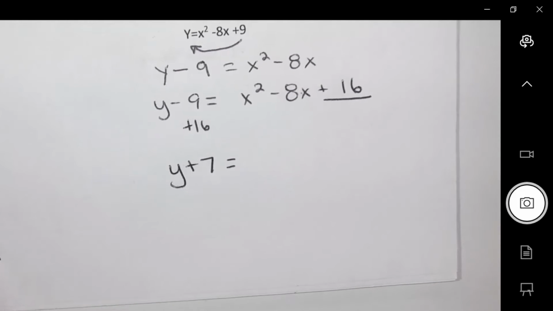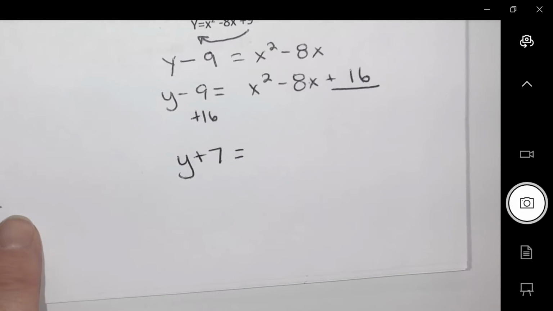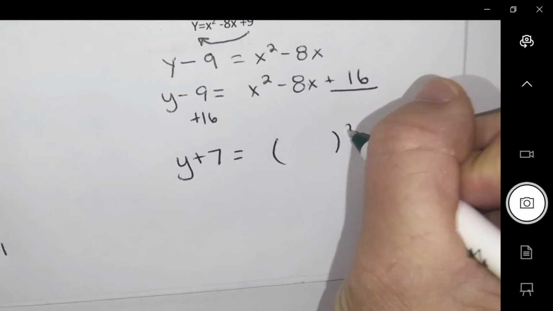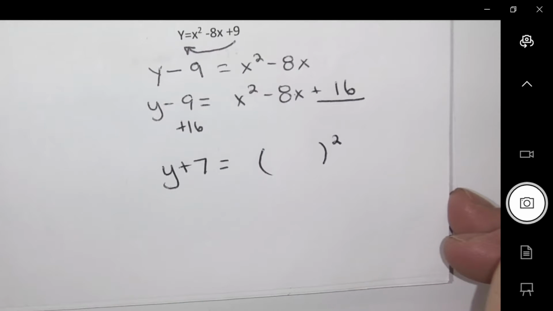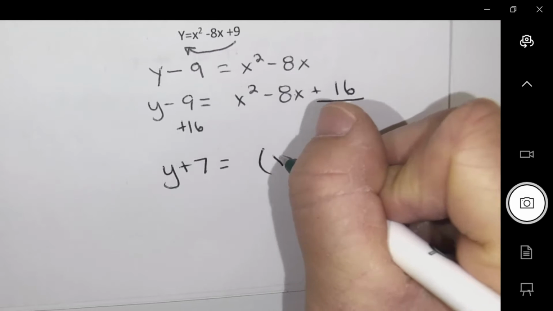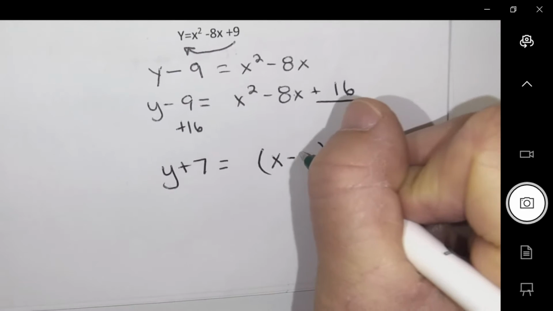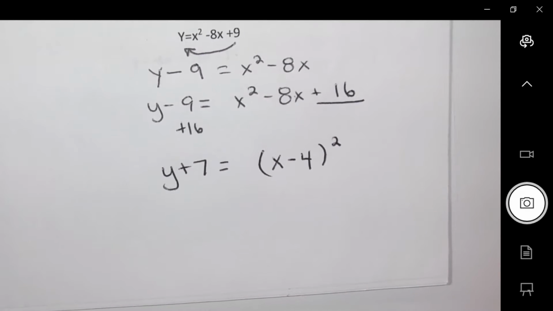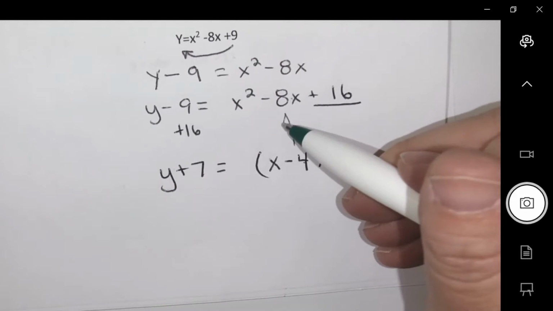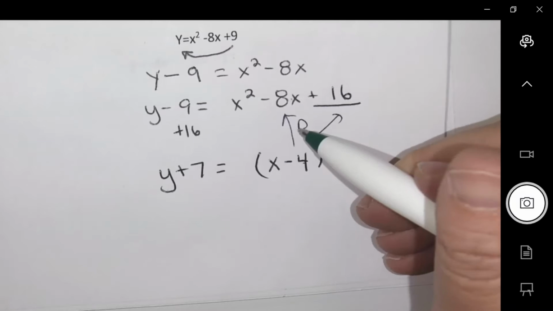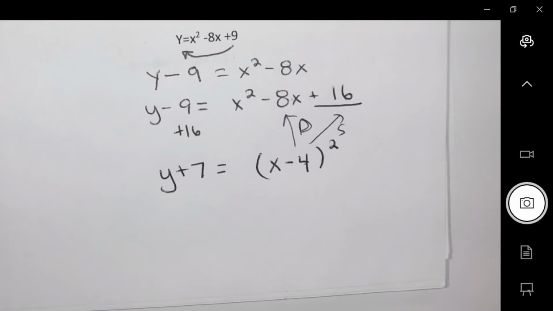and then I have to have this as a binomial squared. So it's going to be x minus 4. Is that what we're picking? Remembering it's doubling and it's squaring.